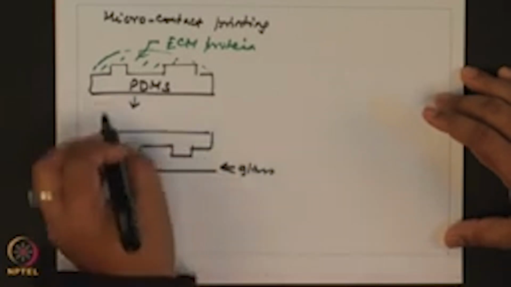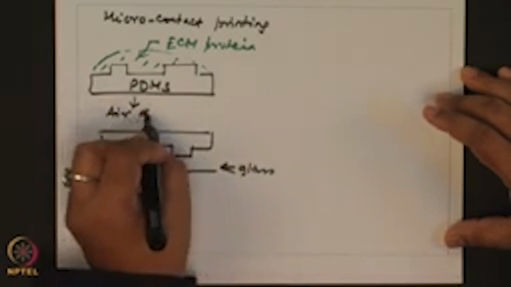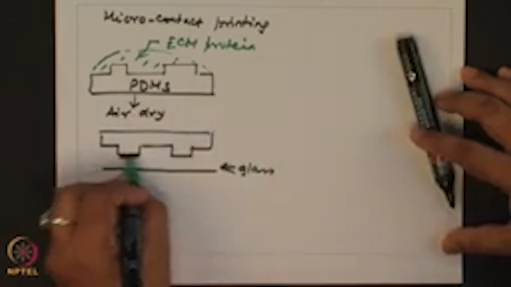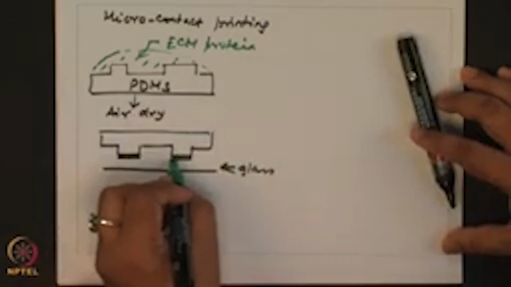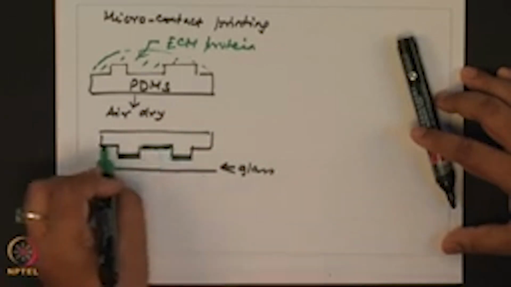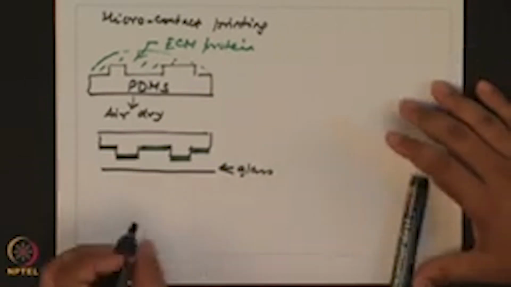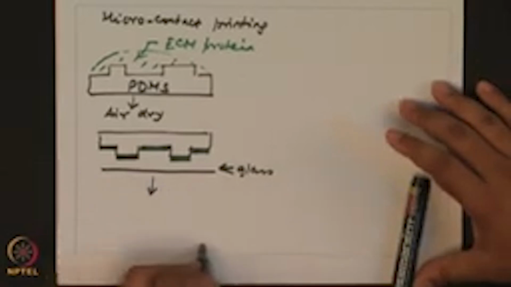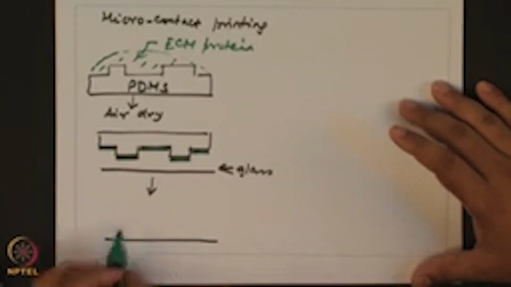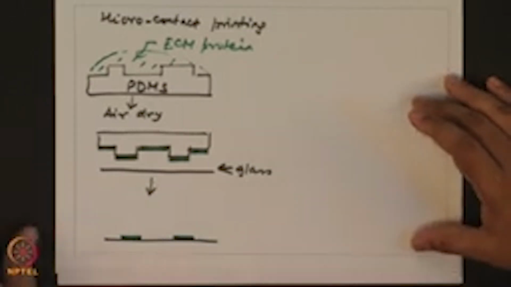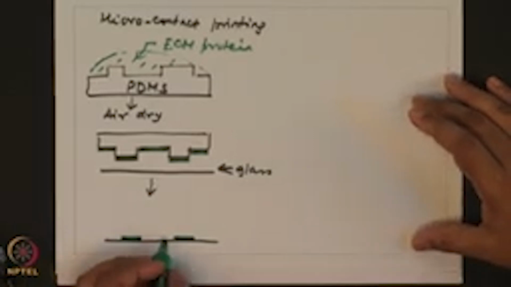After doing this, you let it air dry. As a consequence, all these points will be coated with your ECM protein, but when you stamp it, you will be left with the ECM protein only at these protrusions getting transferred.